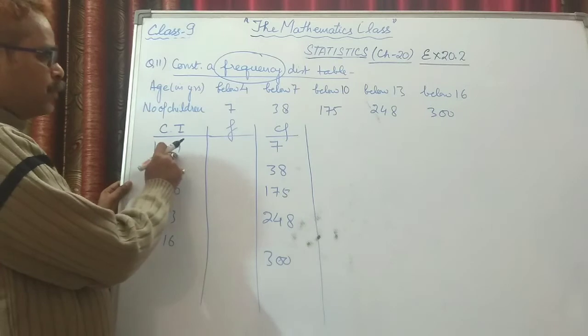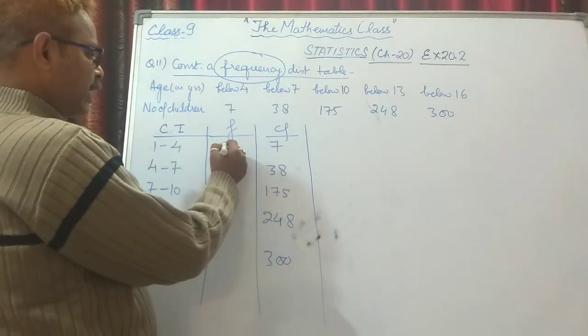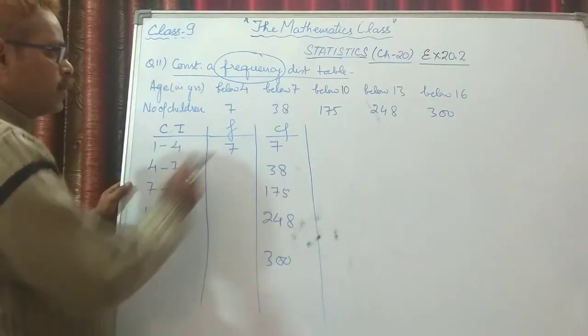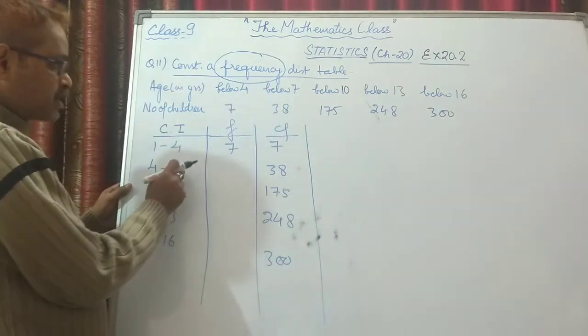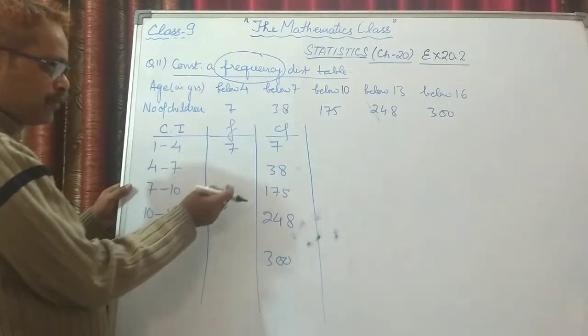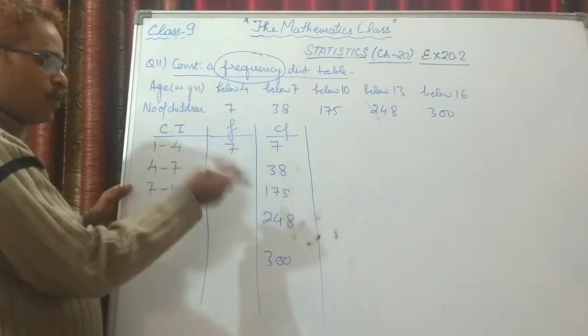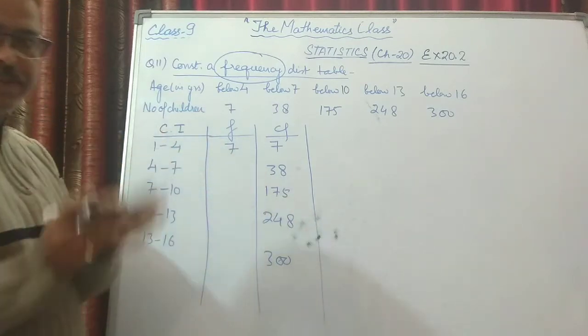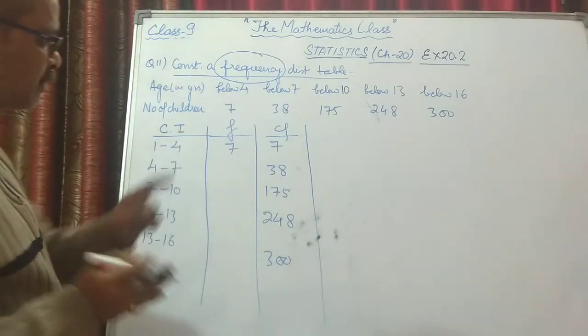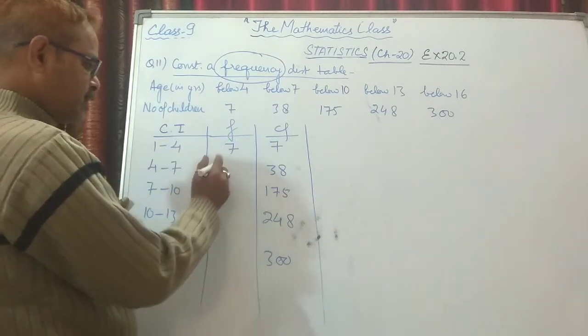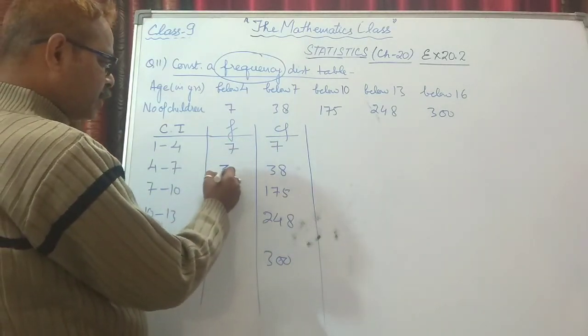So between 1 to 4 there are 7 children, so we will write 7. Now below 7 there are 38, out of which 7 are there who are below 4. So how many of them will come in the bracket of 4 to 7? 38 minus 7, that will be 31.